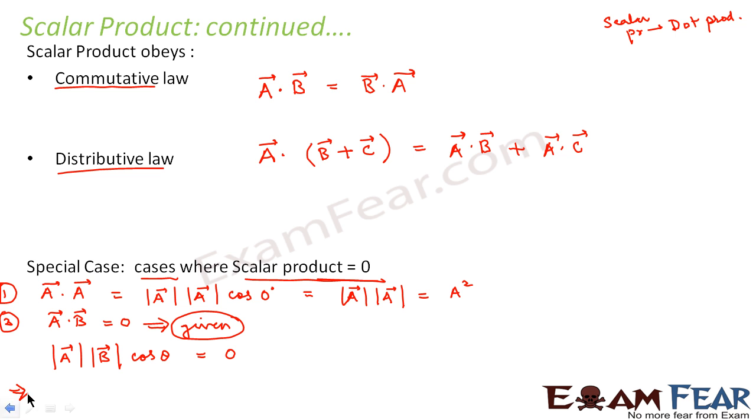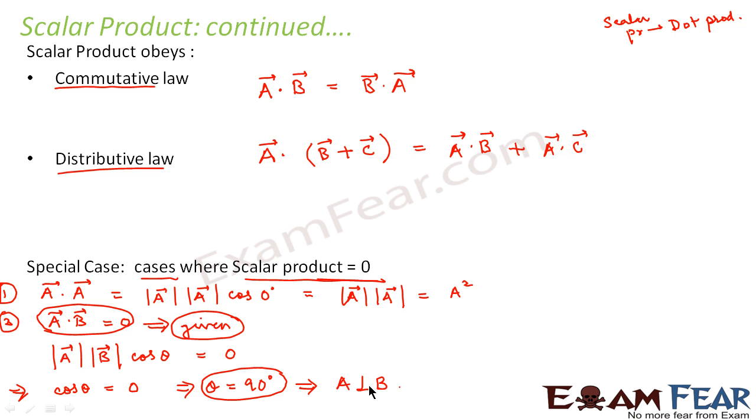So cos theta is equal to 0, which means theta is equal to 90 degrees. That would mean A and B are perpendicular to each other. So if the dot product of two different vectors is 0, then the two vectors are perpendicular to each other.